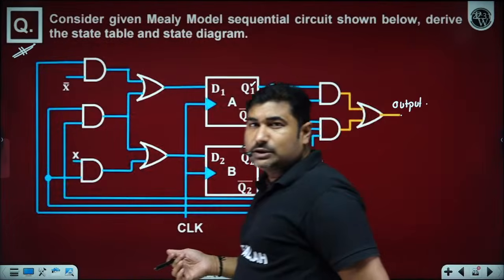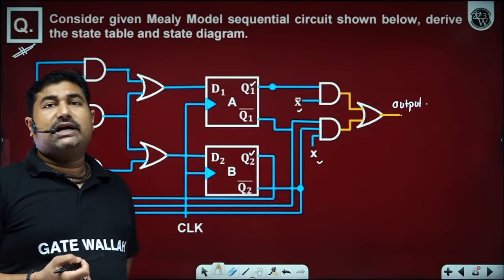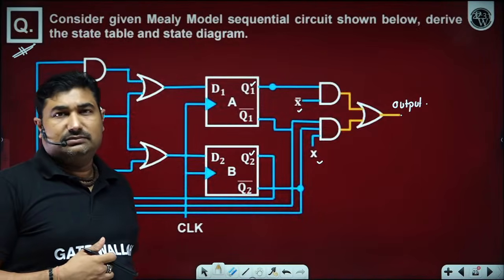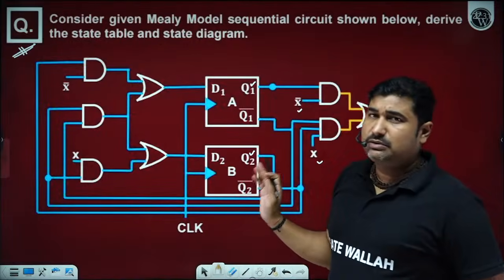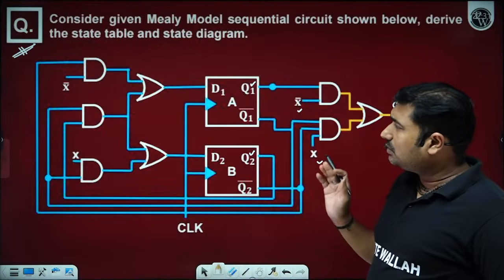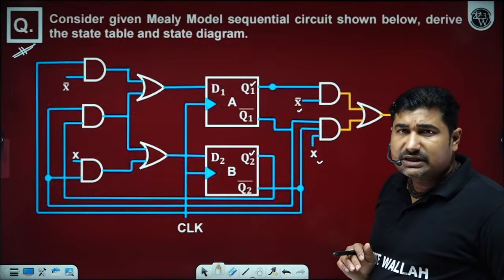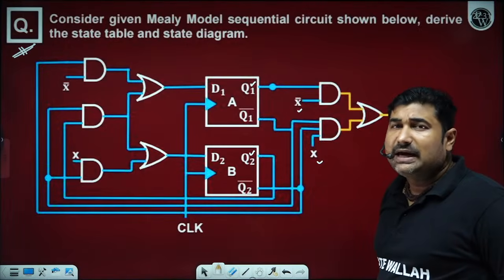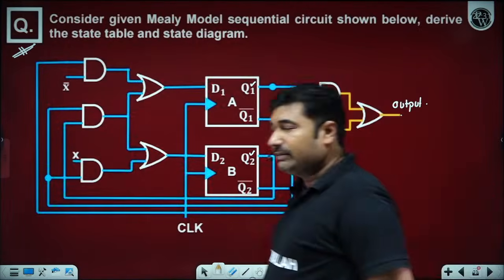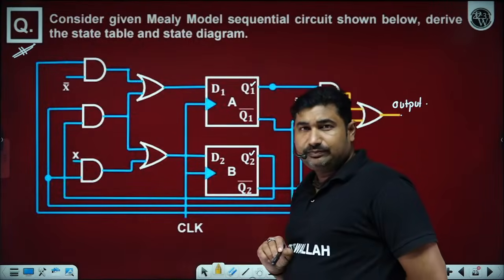Before approaching the solution, first of all, we have to identify the inputs of the flip-flops. To solve any question based on a sequential circuit, whether synchronous or asynchronous, you have to first identify the inputs to the different flip-flops, then apply the clock pulse and follow the truth table. Okay. So please observe here, what is the input to D1?